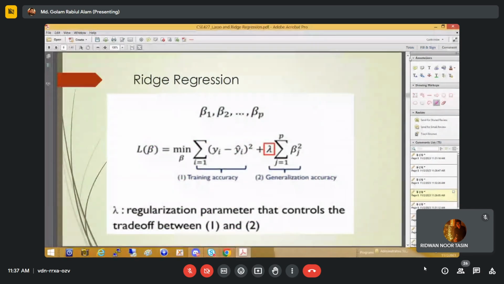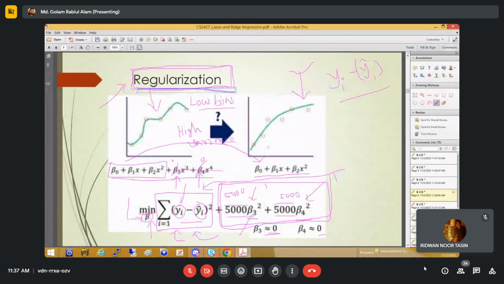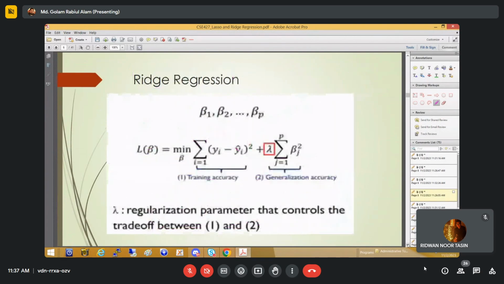For regularization, we use Ridge regression, Lasso regression, and Elastic Net in our regression methods. At first, we want to discuss Ridge regression.